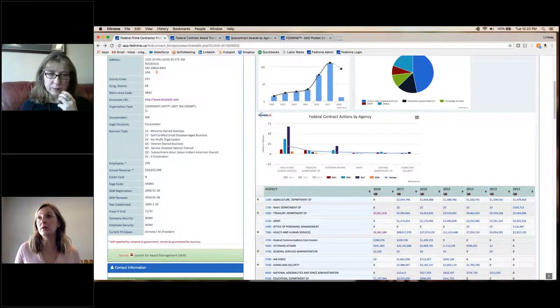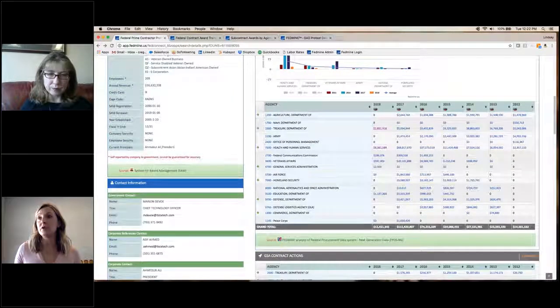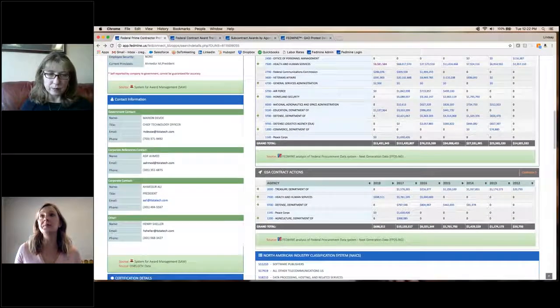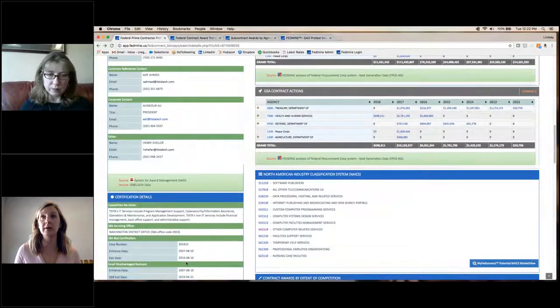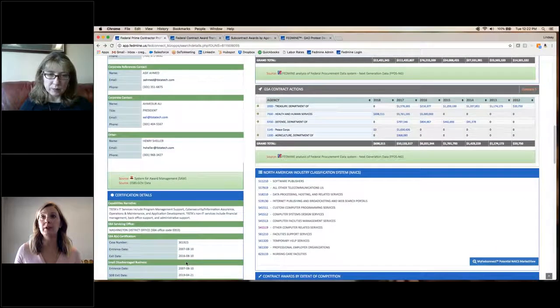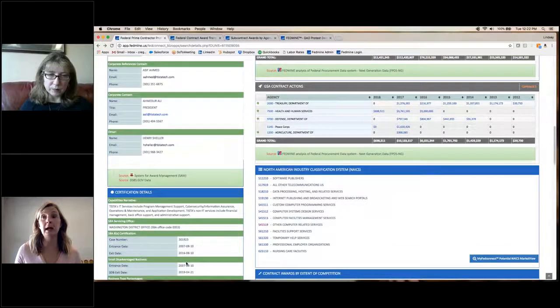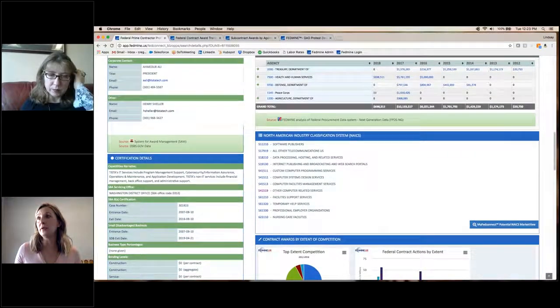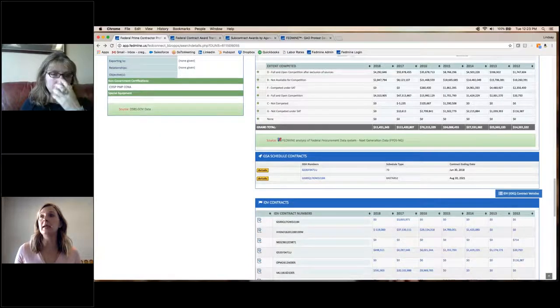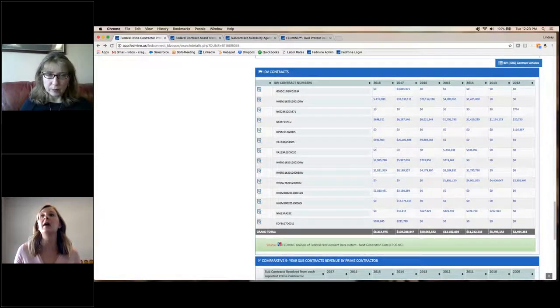As I scroll down too, I can see their GSA contract actions, their NAICS codes. They were in 8A, that has already exited. They exited the program in 2016. So that means that they actually got their 8A pretty much right when they started doing work with the federal government as well. And then further on down, I can also see any prime relationships they have.